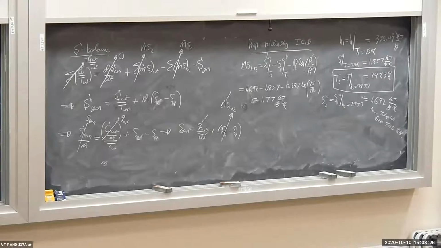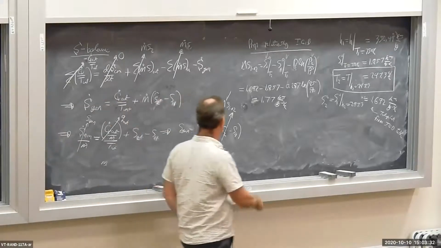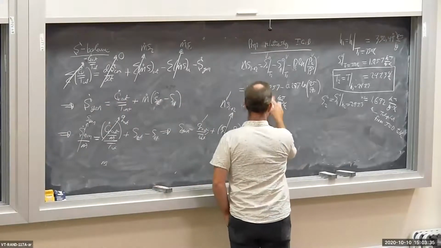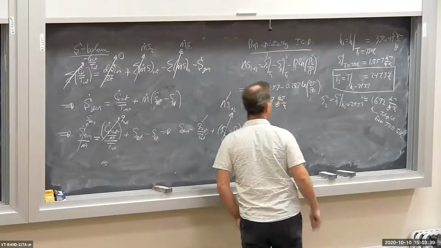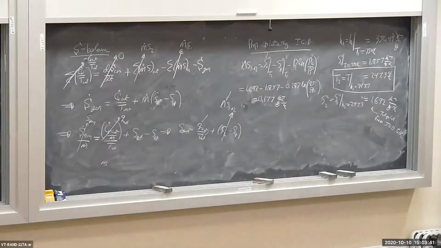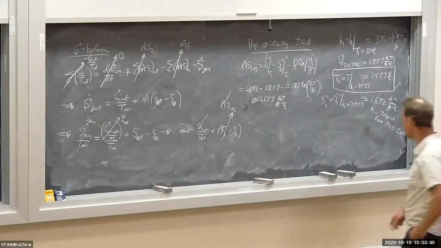Oops, I'm sorry, I got this wrong. 0.177. Sorry about that. That seemed a little high. That's a lot of entropy transfer. 0.177 kilojoule per kilogram degree Kelvin. So we now know delta S from 1 to 2.